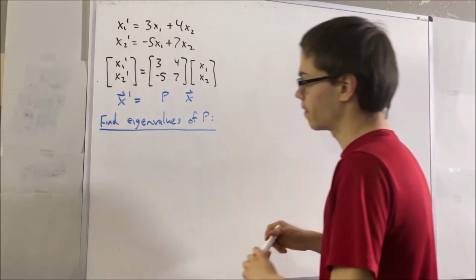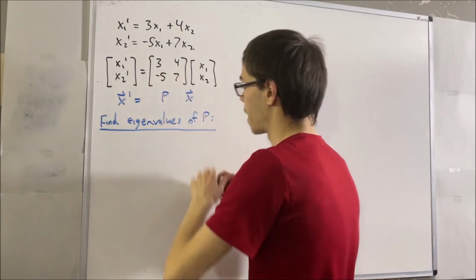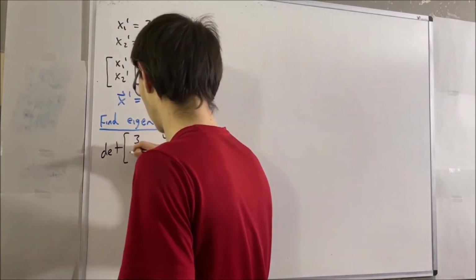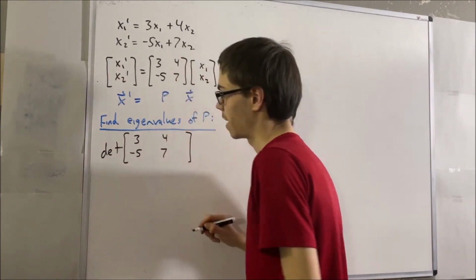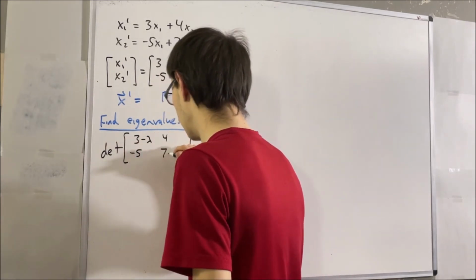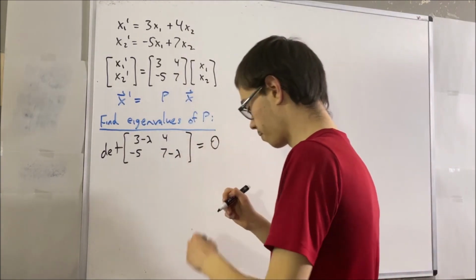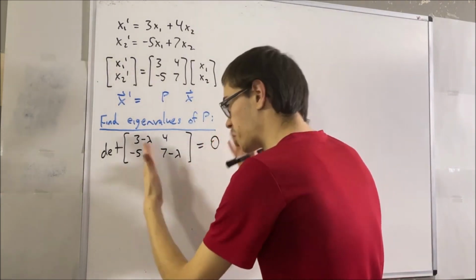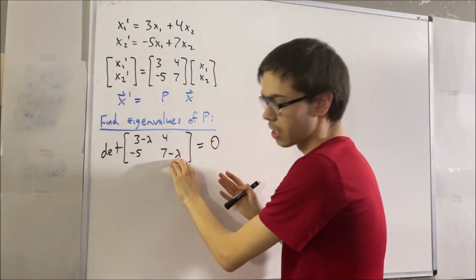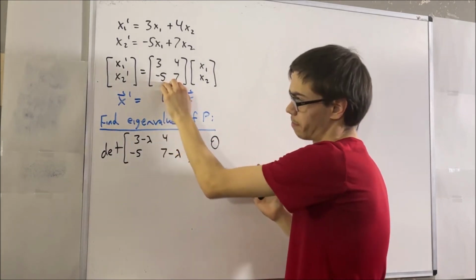Well, you basically take the determinant of that matrix, but it's slightly modified. We're going to take these two entries and subtract lambda, and set this determinant equal to 0. And so at this point, we are going to solve for lambda. Now, lambda is what we call an eigenvalue of matrix P.